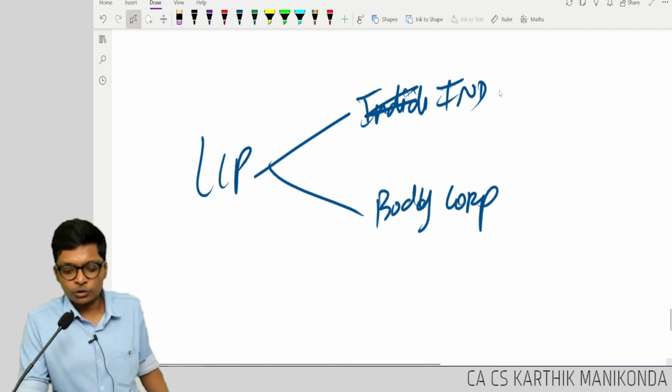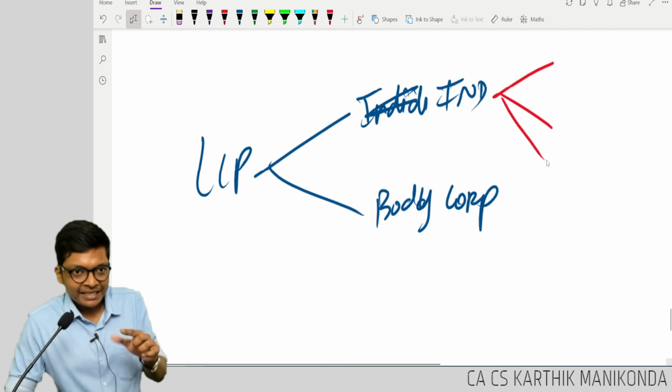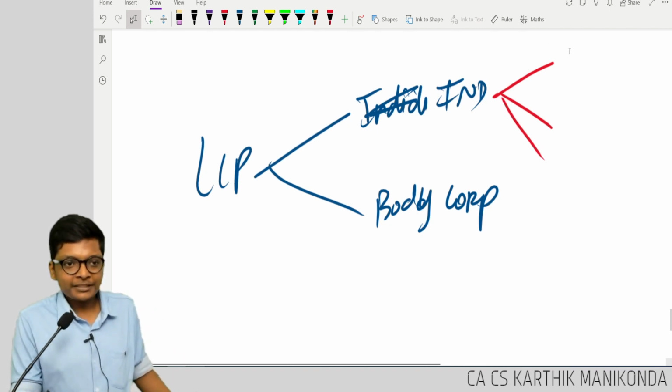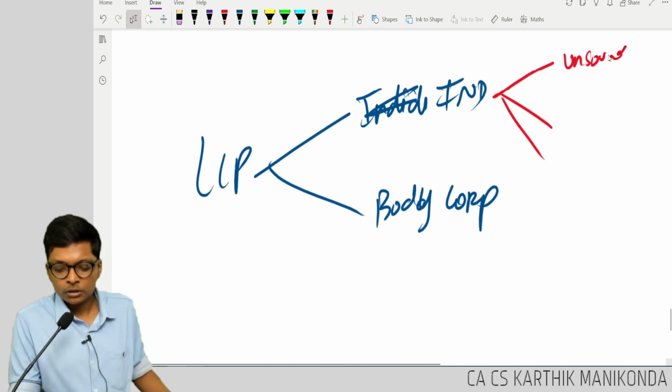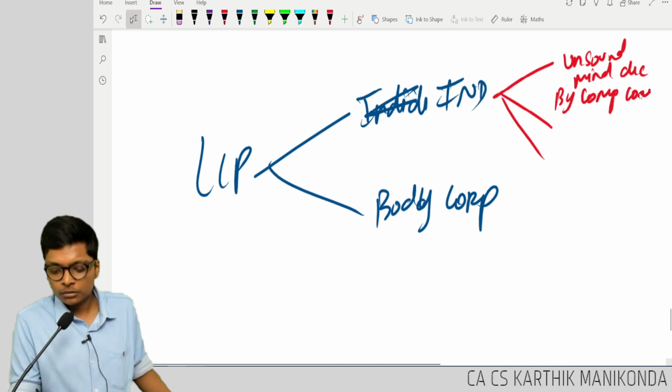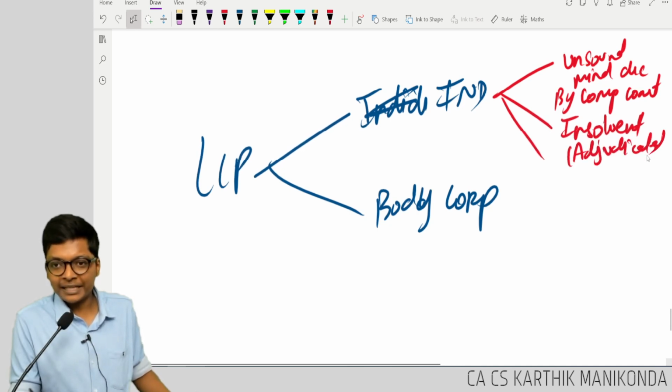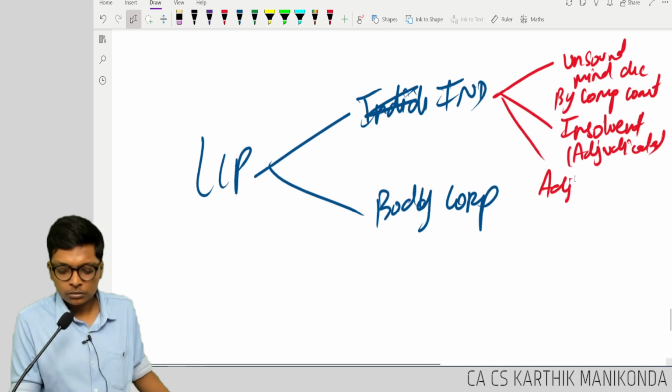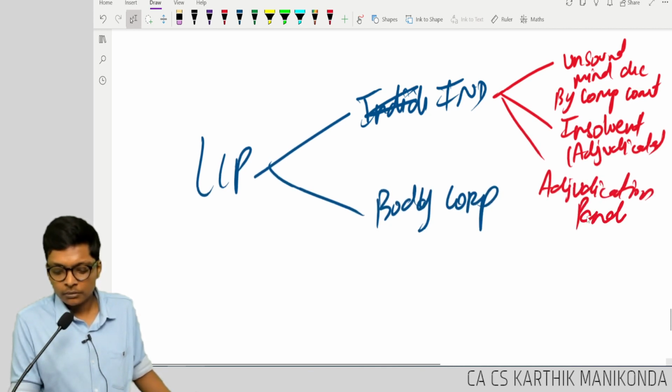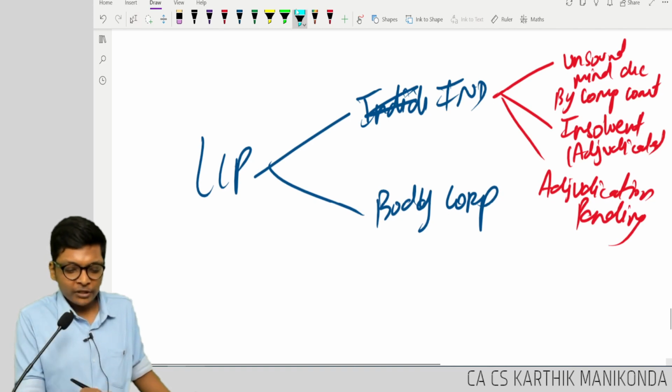If it is an individual, it can be anybody except a person who is of unsound mind declared by a competent court, insolvent and adjudicated, or adjudication or application pending. Beautifully drafted points.